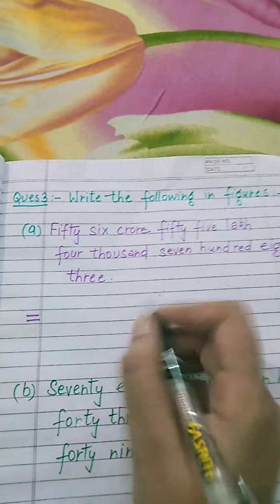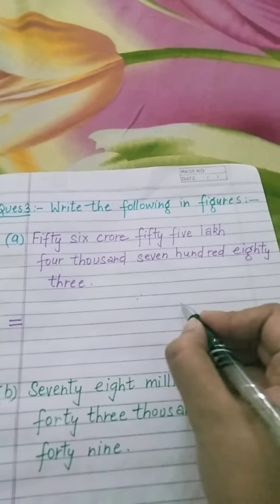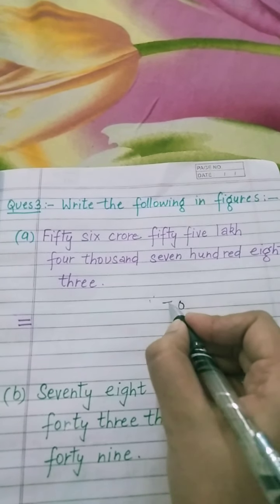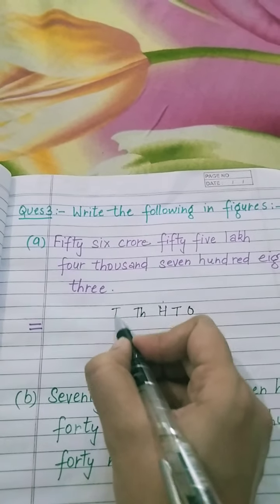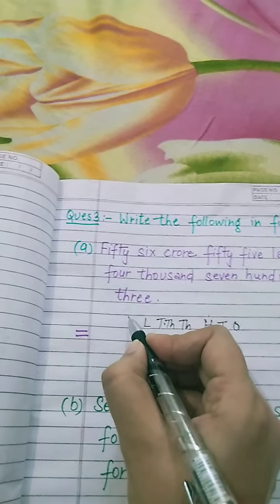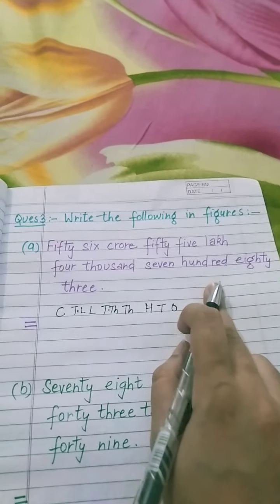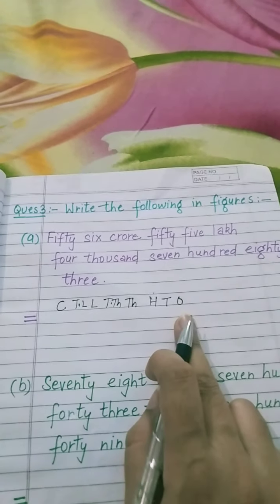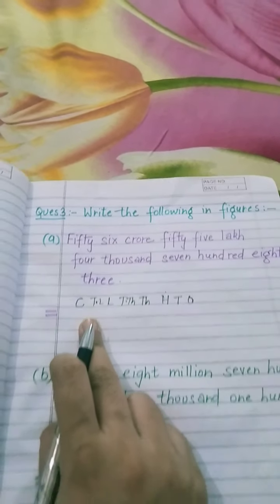So first of all, we have to write down the places: ones, tens, 100, 1,000, 10,000, lakh, 10 lakh and crore. As the question is according to the Indian place value system, we will write the places according to the Indian place value system.